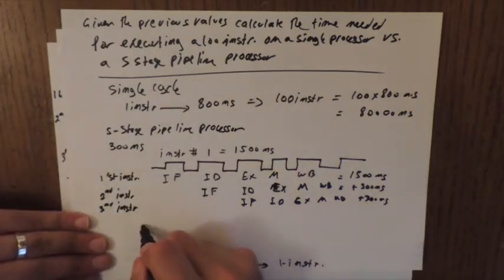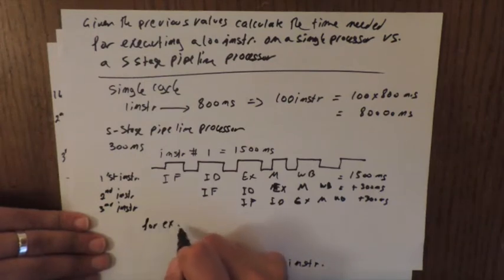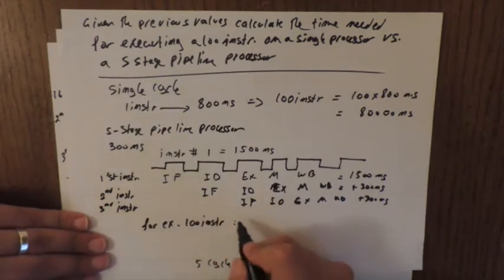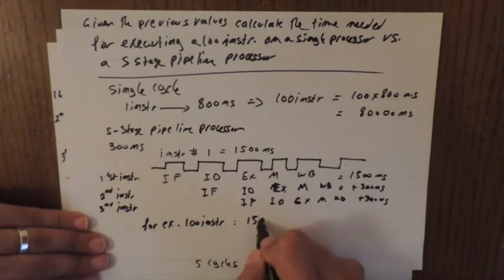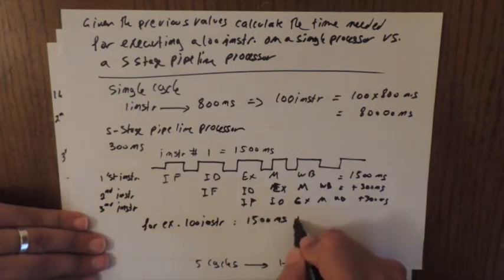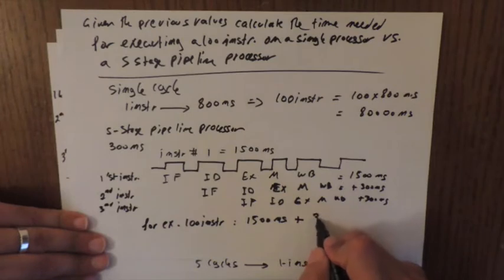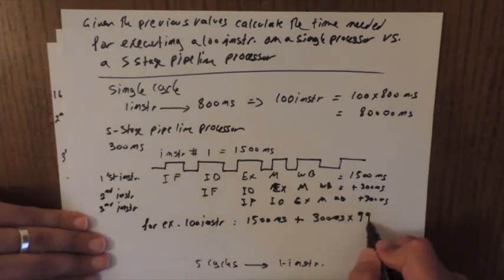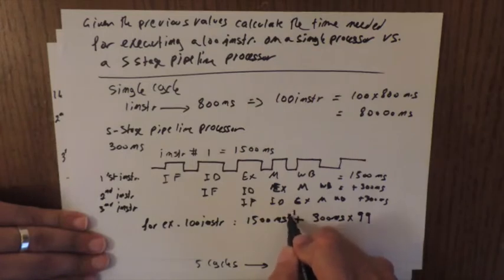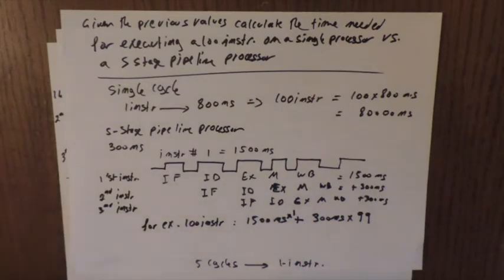So for executing 100 instructions, the first will take 1,500 nanoseconds plus 300 nanoseconds times 99. So you see the total here is actually 100 cycles.